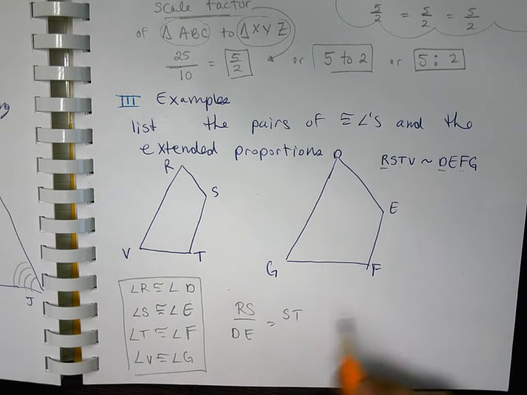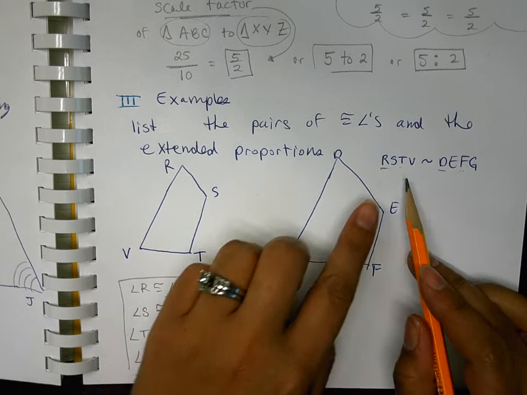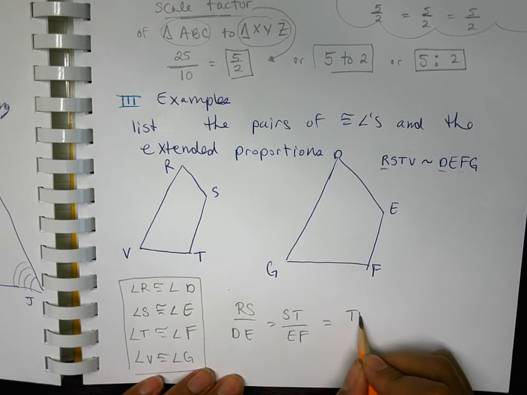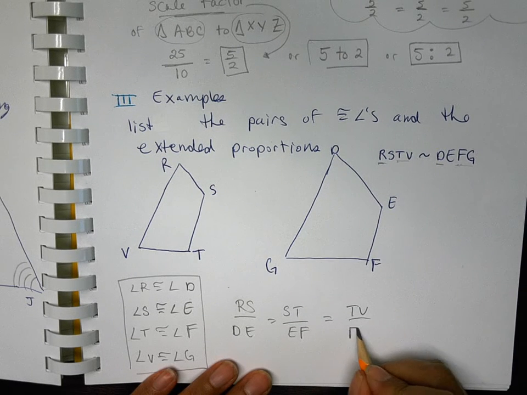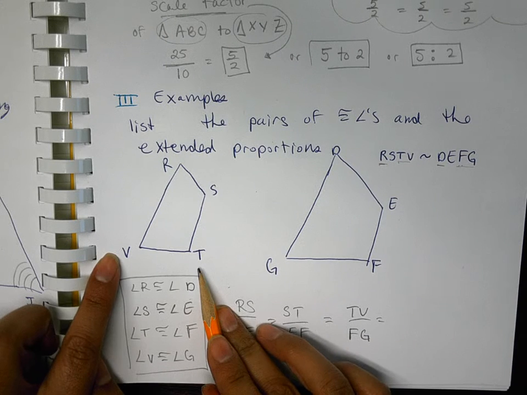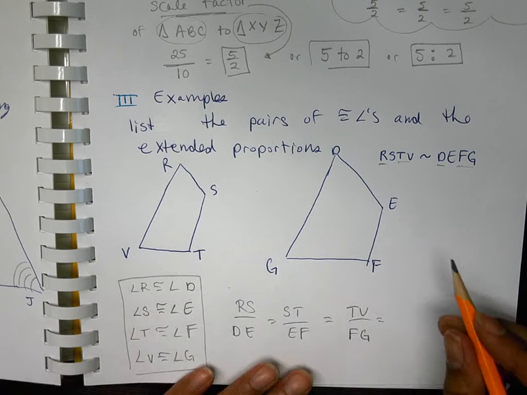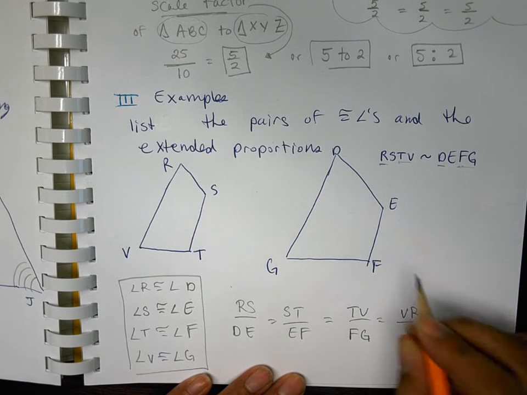EF equals TV. I'm right here in the last one. TV over FG, and I've run out. Is there still another one? Yes, VR over what? GD.